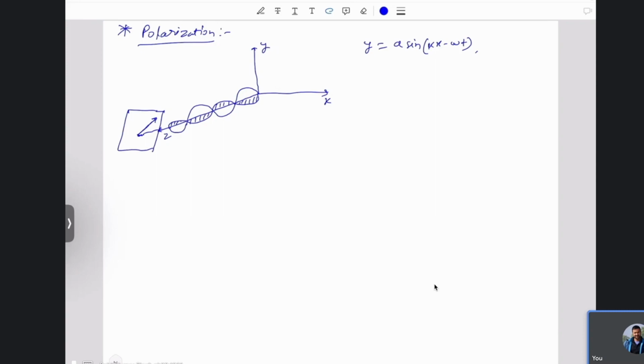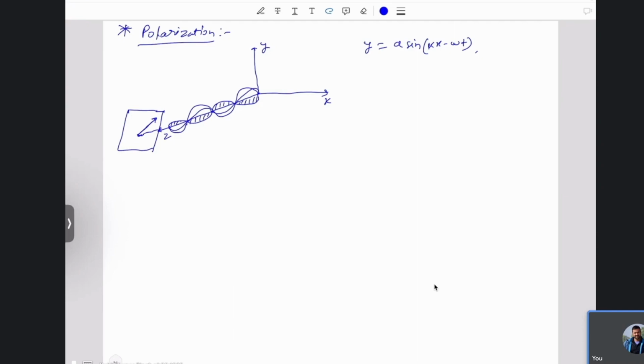Then you will get a resultant, and the phase difference between them is 0. So what you will get is a resultant wave which will be at 45 degrees. So like this, right? My drawing is bad.